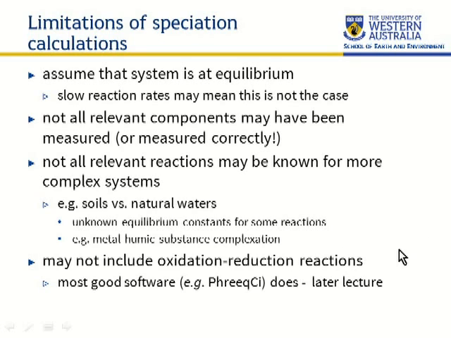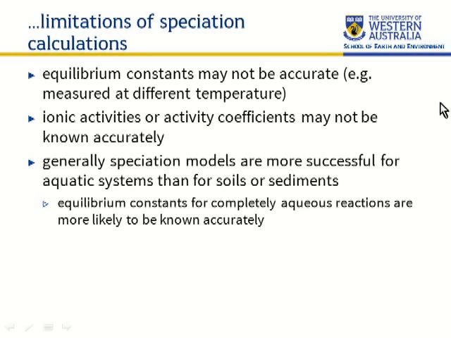This last one, that it may not include redox reactions, is a bit of a furphy. PhreeqCi does, and most contemporary software does. However, the way that we correct equilibrium constants for temperature, there may not be enough information to do that. Often there is, but often there's not. Activity coefficients, usually the software will be able to calculate adequately. It may not be perfect, but it may be good enough.